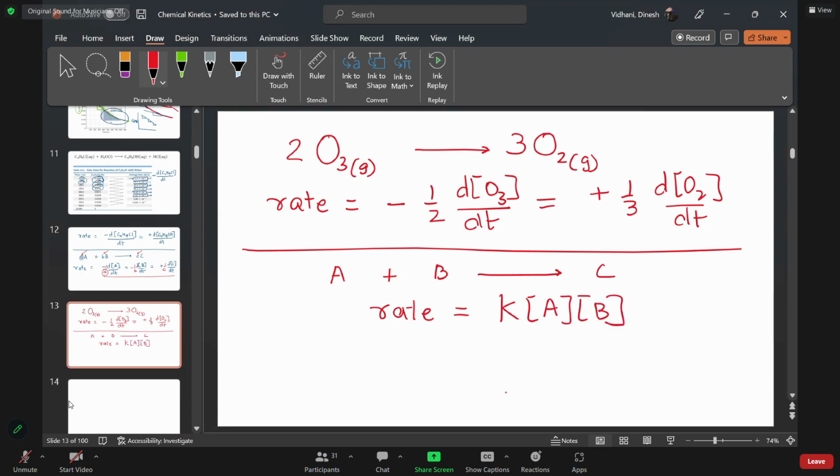Now, the stoichiometry is also going to play a role, but not the way you saw it here. Suppose this is A and this is B. Should I be writing A over here and B over here?